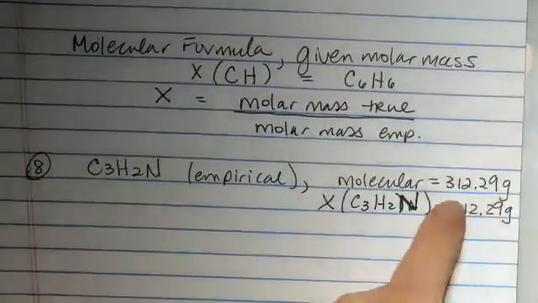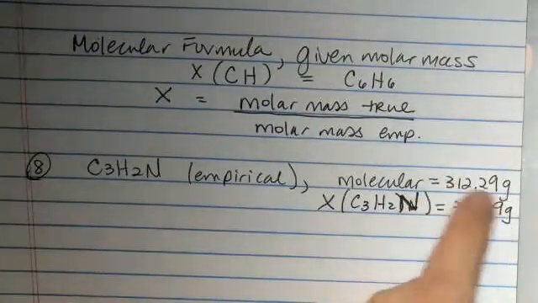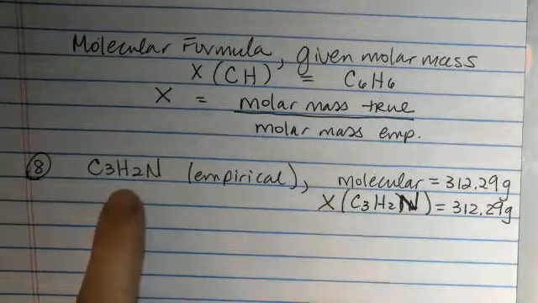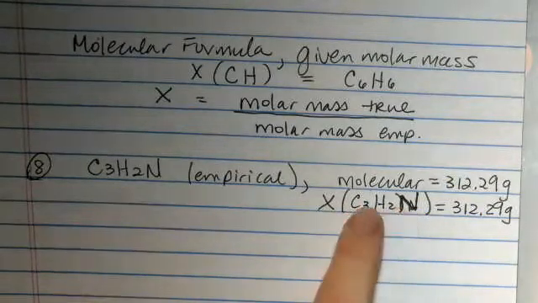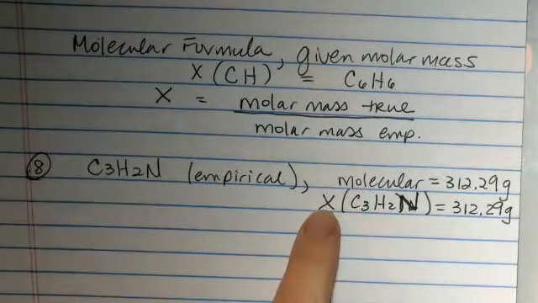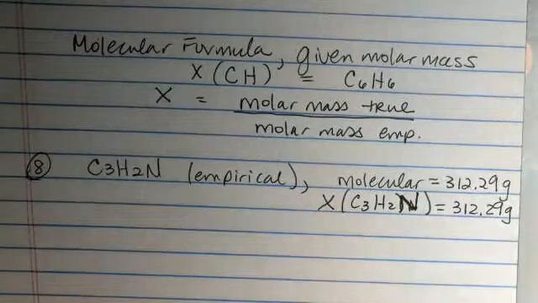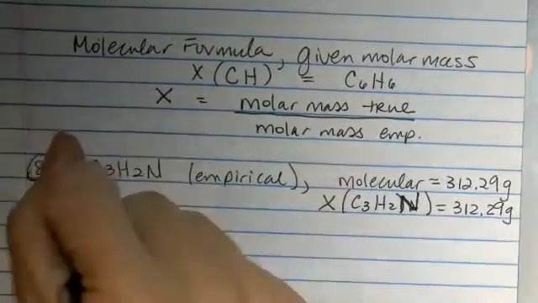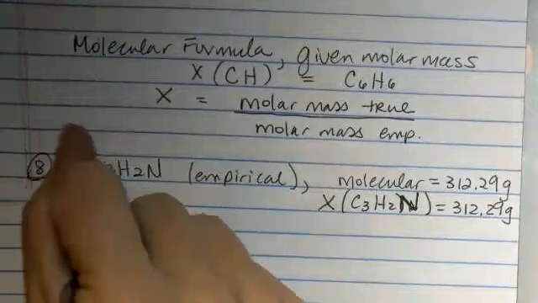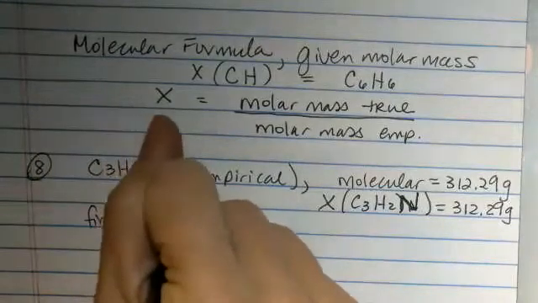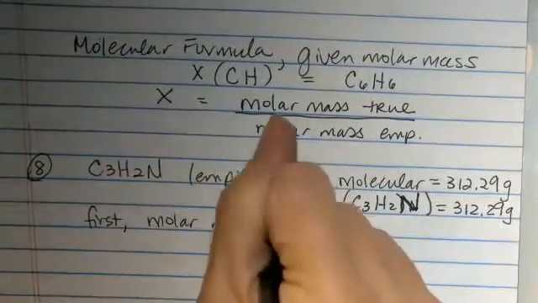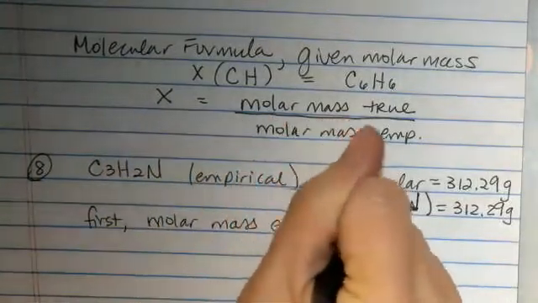The true molecular formula molar mass has to be given because we don't know what it is, right? The empirical formula we were told. So that repeating unit repeats X number of times until we get to this complete molar mass of 312.29. So always what you do first here is we're going to get the molar mass of that empirical repeating piece.